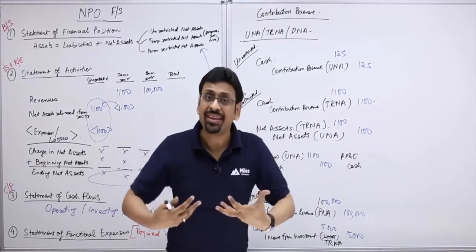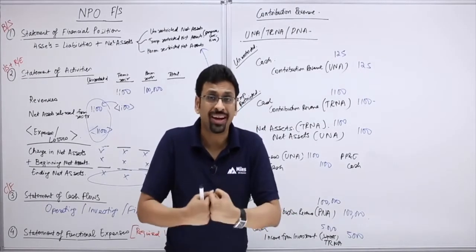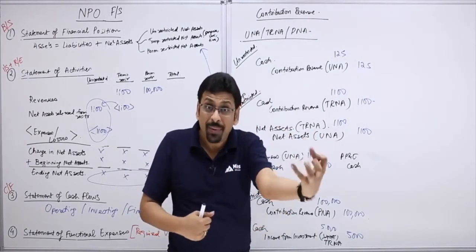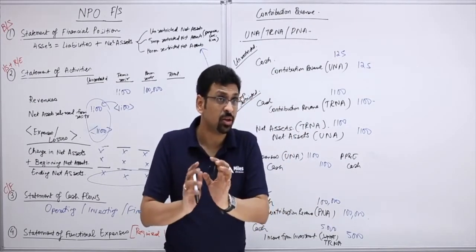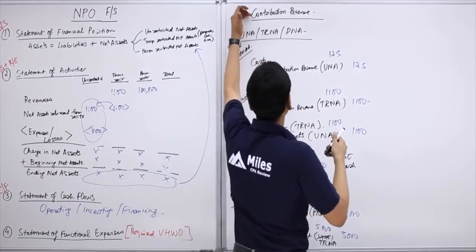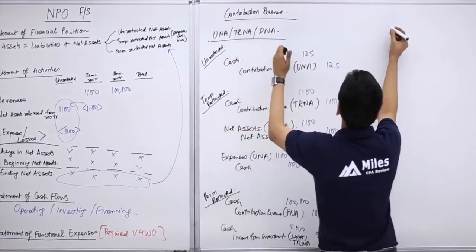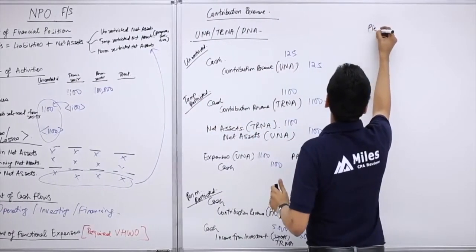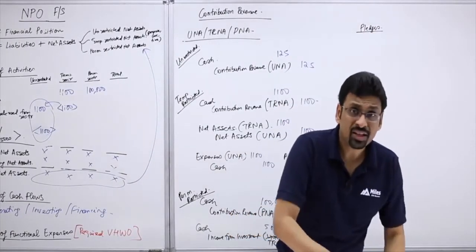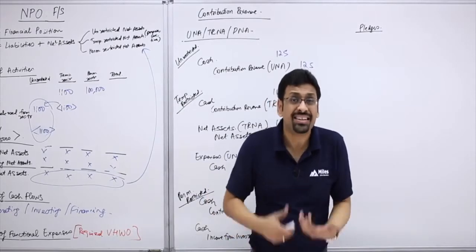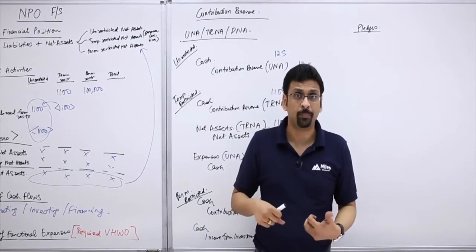So that is recognized by the not-for-profit organization as revenue when the pledge is made, provided the pledge is unconditional. So let's look at contribution revenue and we're talking about pledges. So if the pledge is unconditional, it's contribution revenue as of today.